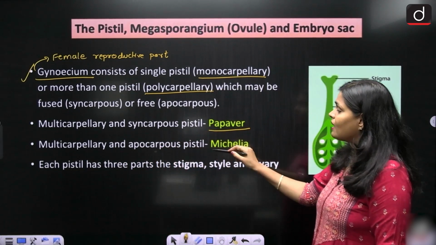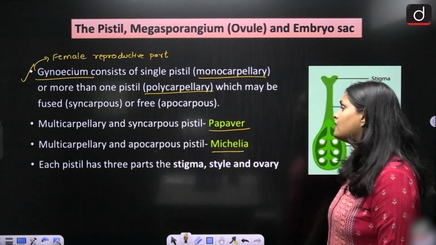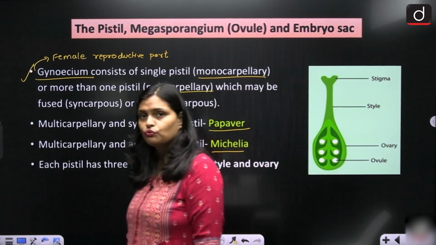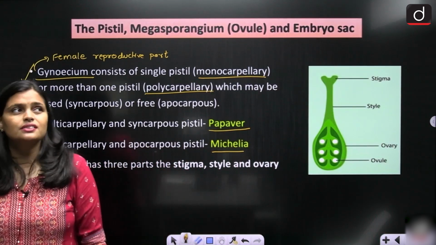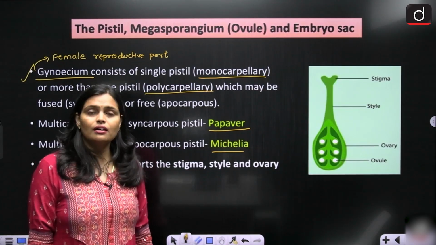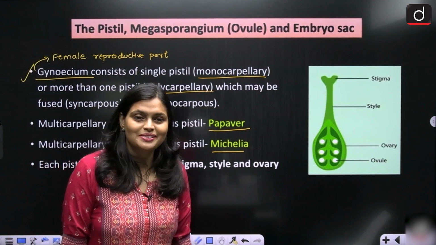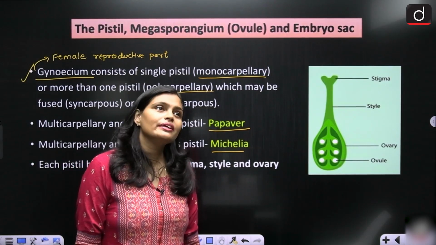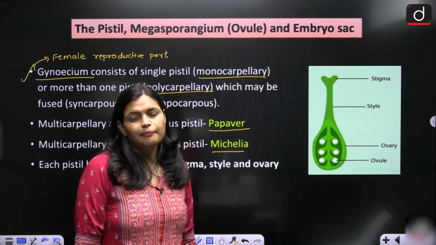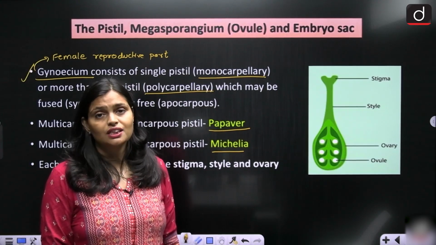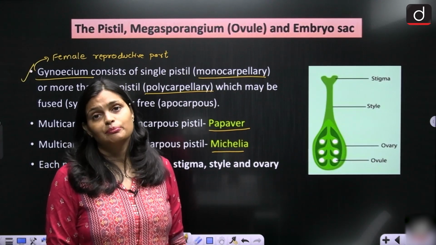Multicarpillary and apocarpous pistil you will get in michelia. If you are appearing in NEET exam, it is important, they will directly ask you the example. In your board exam, you might get MCQs, but if the question comes and you write the example, it will be very effective.